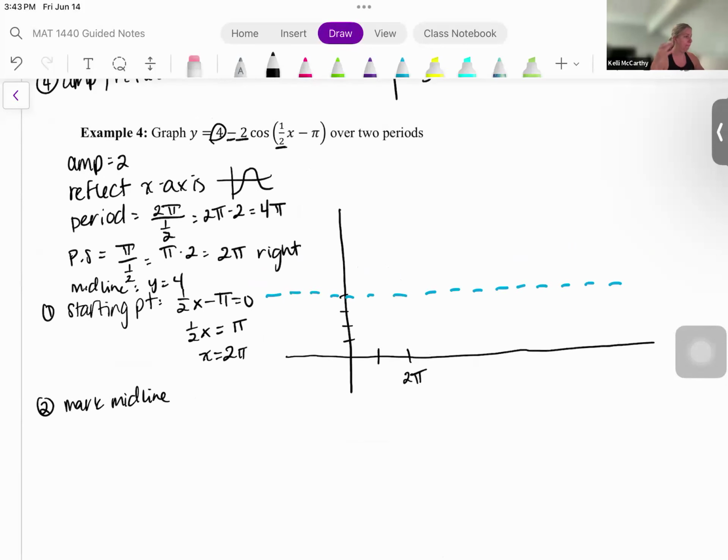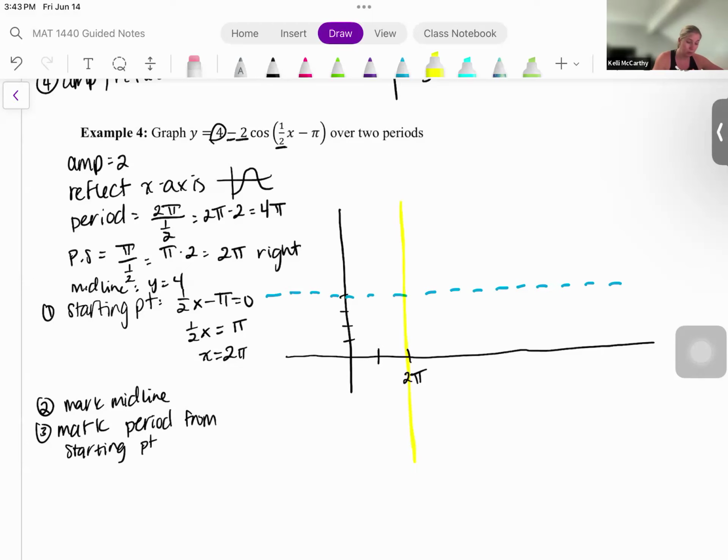Next, I'm going to mark that period from the starting point. So 2 pi is where our period is going to start.